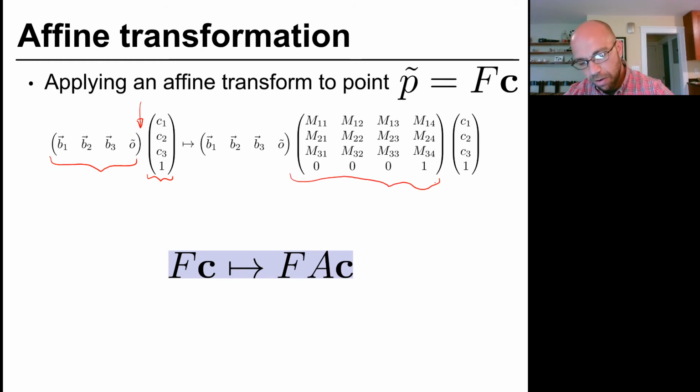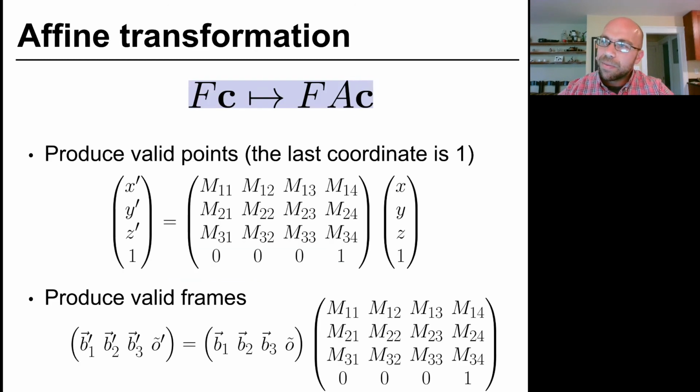For now, we're going to always think of that last row as 0, 0, 0, 1. And we're going to see that that's actually enough for most of the operations that we need. And then when we talk about camera transformations, we're going to allow that last row to change. Okay, so first of all, why do I want that 0, 0, 0, 1 there? Well, my affine transformation needs to take points and map them to points.